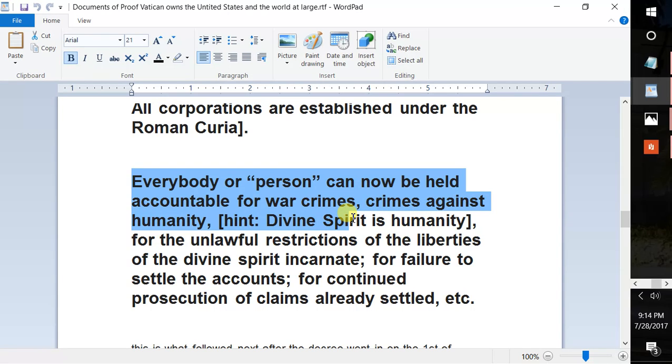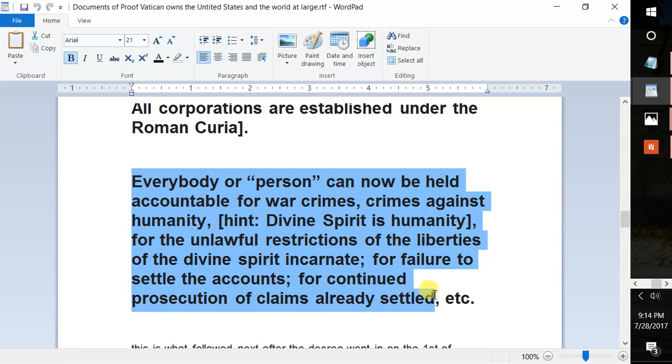That means anybody. They can just pick up anybody and he can be held accountable for war crimes, right? For the unlawful restrictions of the liberties of the divine spirit incarnate, for failure to settle the accounts for continued prosecution of claims already settled.